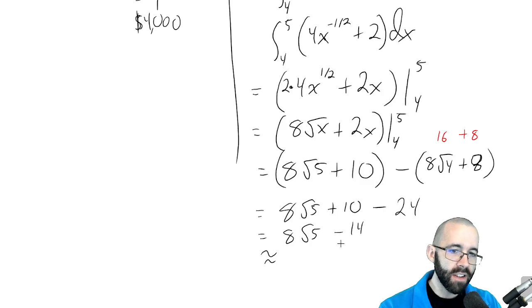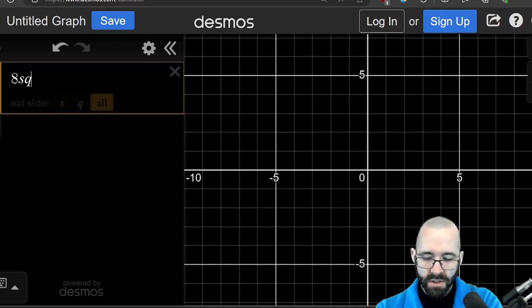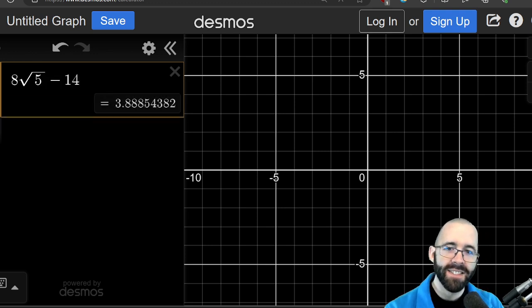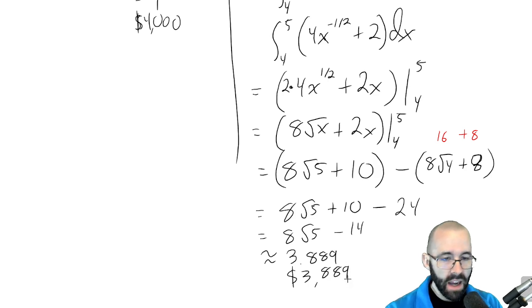So let's look. 8 square root of 5 minus 14. There it is. About 3.889. Or a total of $3,889.